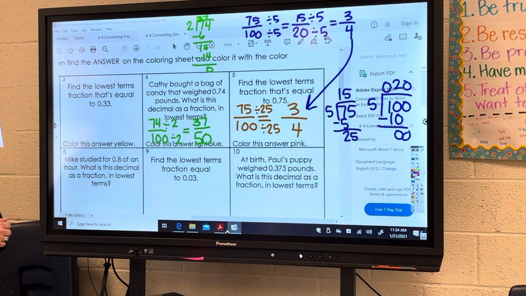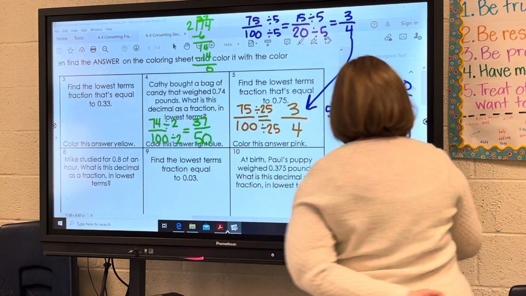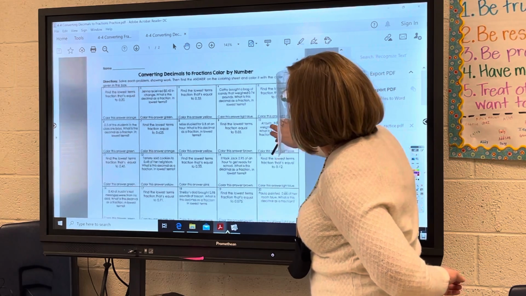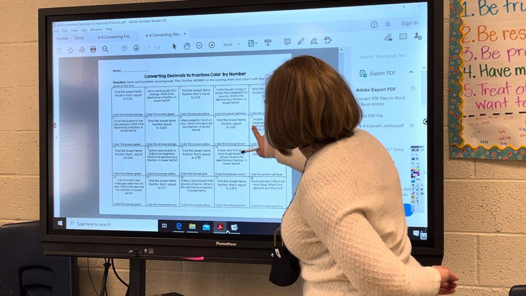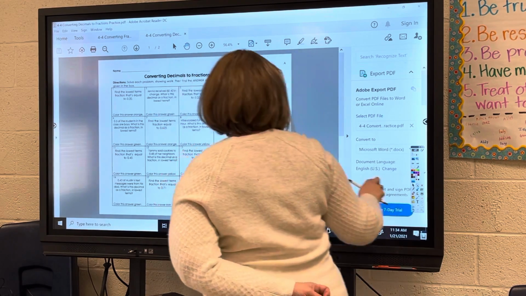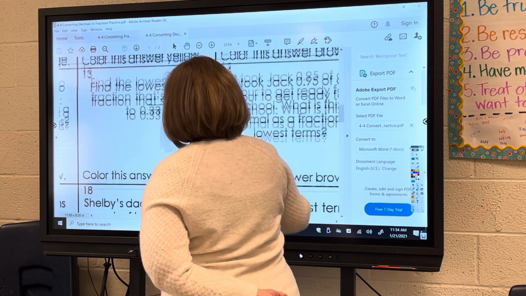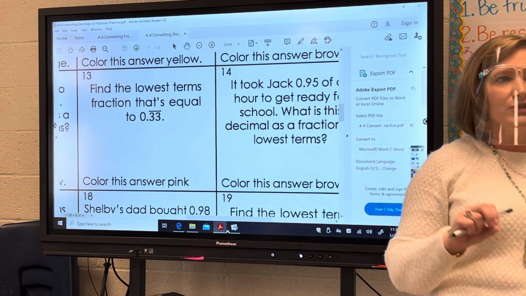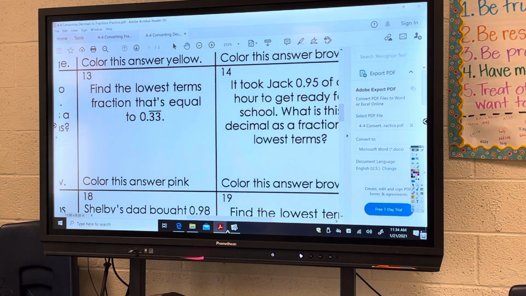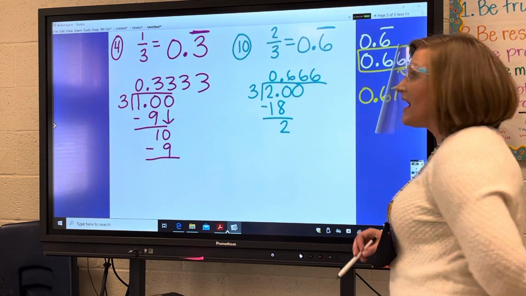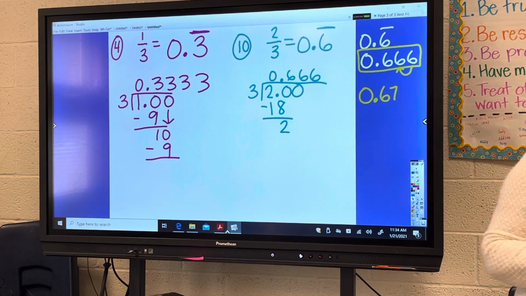All right. I do want to look at something. I want you to look at number 13. It has the line above it. It has a double 3. What did we do on the other sheet that had a 3 with a line above it? What was the fraction? Do you remember? 1/3.